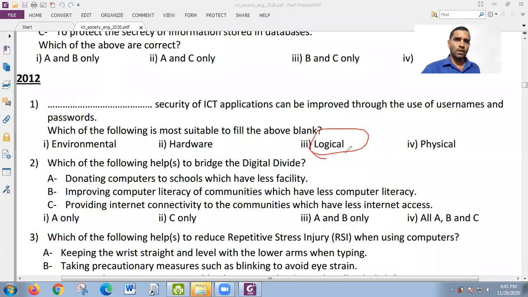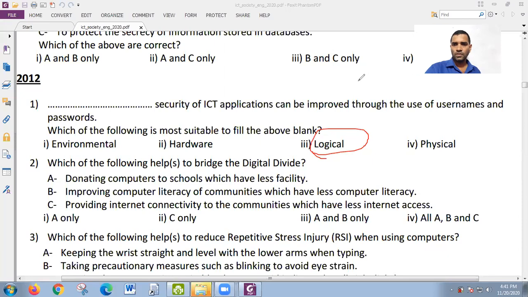If it is logical, you cannot use devices. Instead of using devices, you have to use some mechanisms, some technologies, and mostly they are used for protecting your data in the computer, right? So we have usernames, passwords, encryptions, software firewall, they are for protecting your data. Okay, so answer logical, not physical.